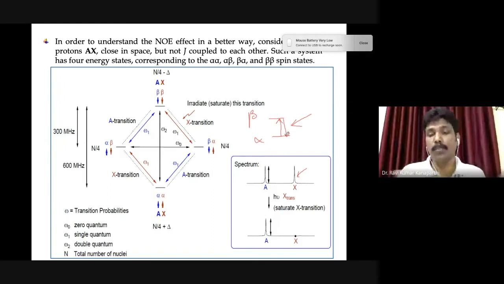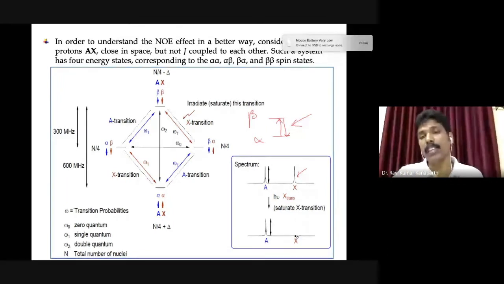That is what we call saturation. So you can set the decoupler whose frequency is matching, and then you can make it saturation. Saturation means there is no transition, and as a result you get zero signal from that particular thing.